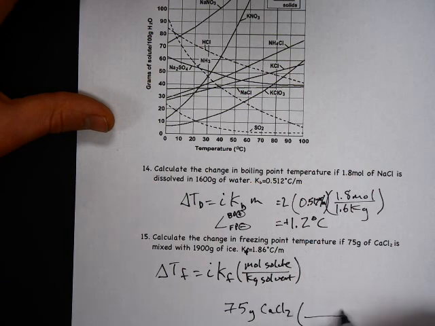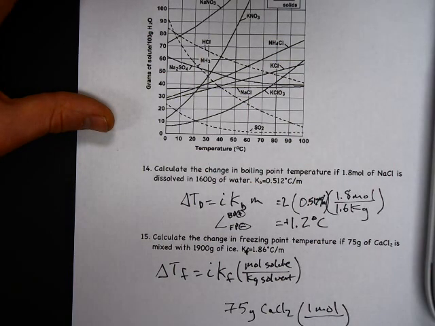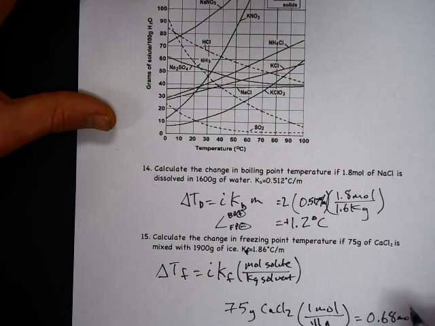To get to moles, I have to do a molar mass conversion. Every mole of calcium chloride has a mass of 111 grams, but I'll double check that. 40 plus 70.9 is roughly 111 grams. So 75 divided by 111 gives me 0.68 moles of calcium chloride.